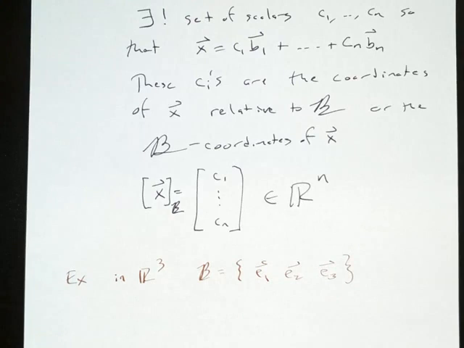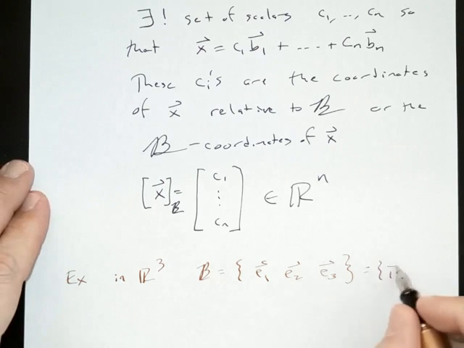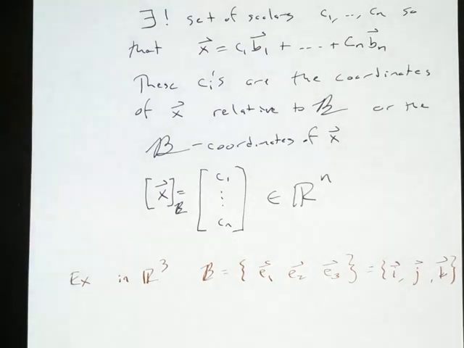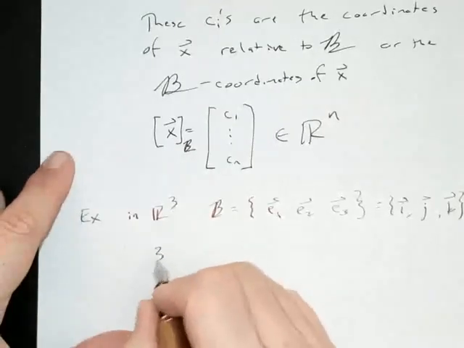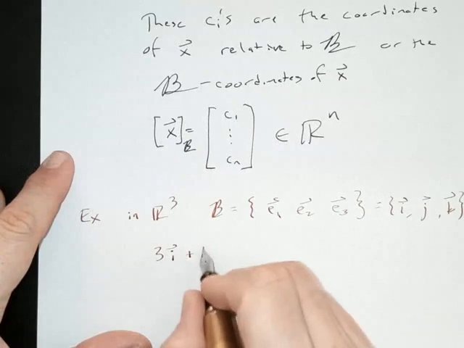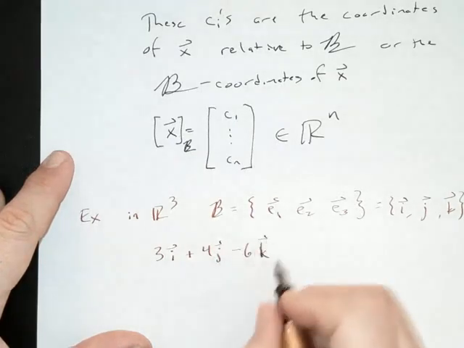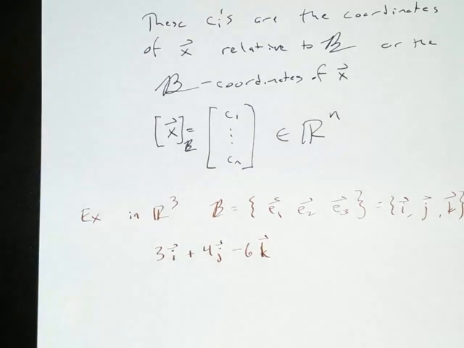Let's suppose we are looking at the standard basis in R3. By the way, in physics and in Calc 3, we call these I, J, and K instead of E1, E2, E3, but they're the same vectors. And I distinctly remember writing vectors like this in both of those classes.